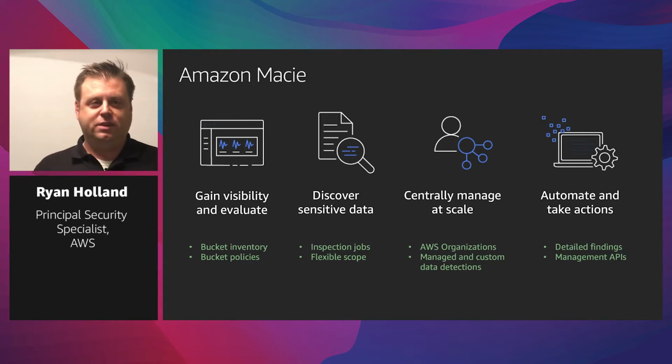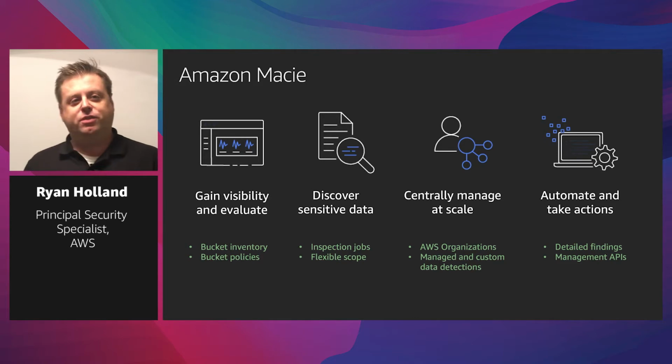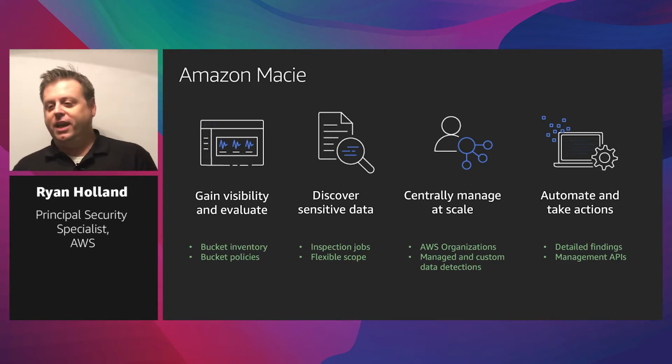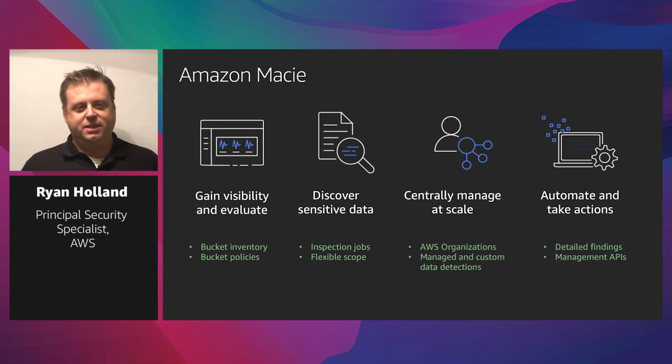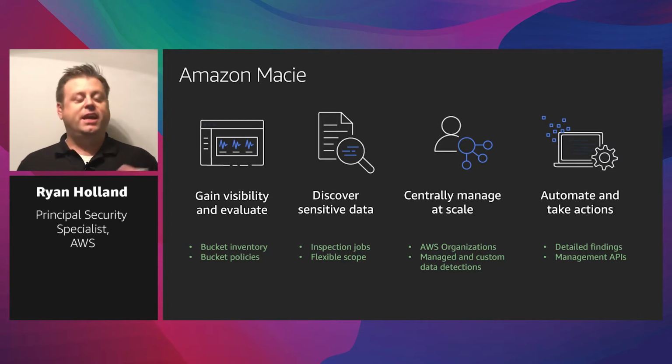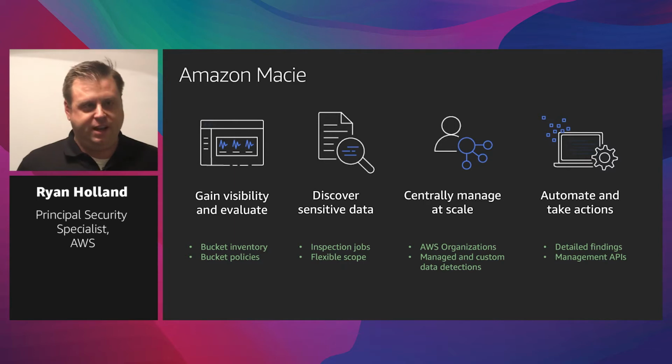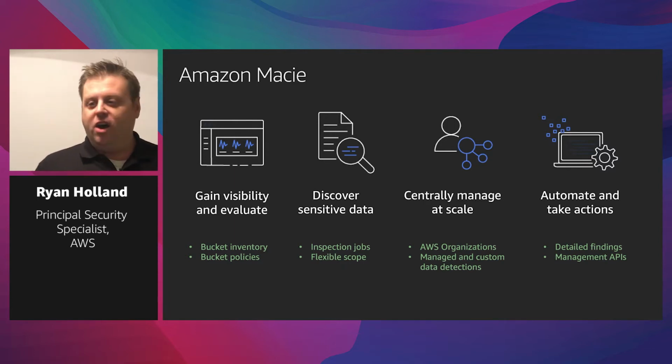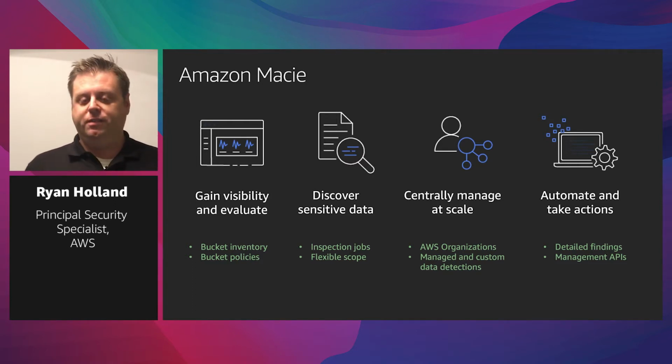It can be difficult, especially for someone who works in data governance or data privacy, to understand exactly what buckets exist, how those buckets are configured from a security perspective, and then ultimately what's in those buckets.